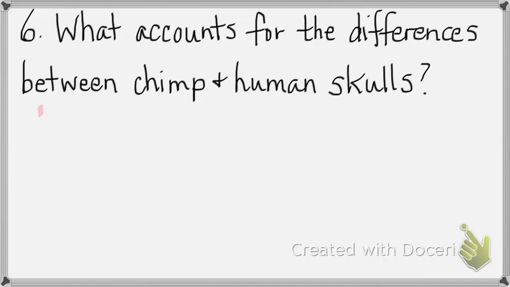Brain size would explain all the differences you see up in the cranial region. We have a larger brain. But what about at the jaw? Why is the jaw different? Diet. Good. So the difference in brain size and the difference in diet would be the 2 main reasons that the chimp and the human skulls look different.